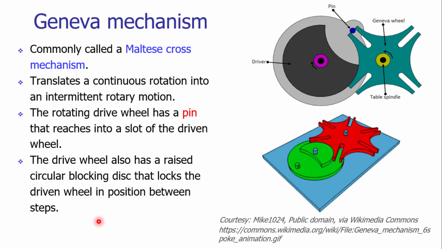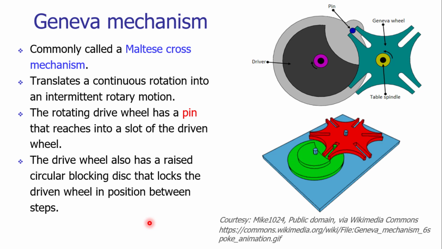In the Geneva mechanism, we are converting continuous rotation into intermittent rotary motion. We have electric motors, and those electric motors give us continuous rotary mechanical energy, continuous rotation of the shaft. Now we need a mechanism which will convert this continuous rotation into intermittent motion.